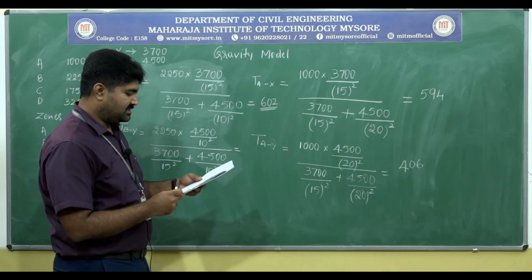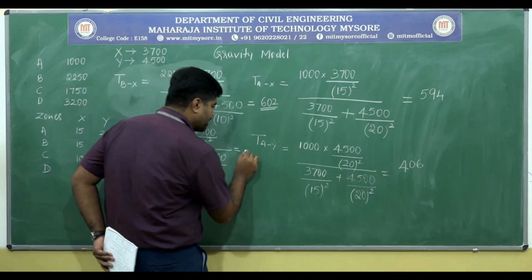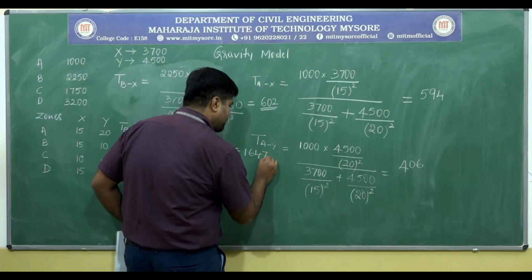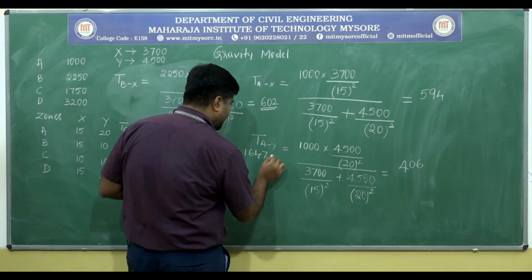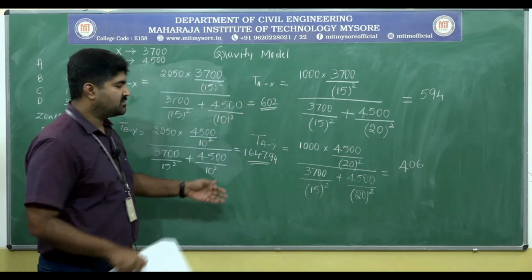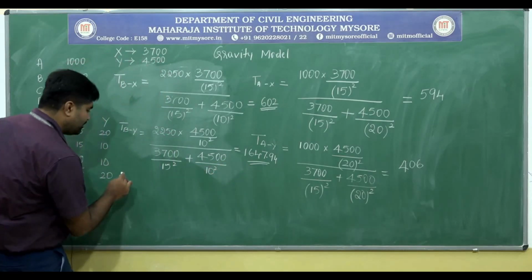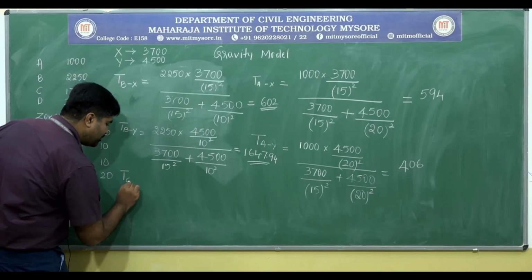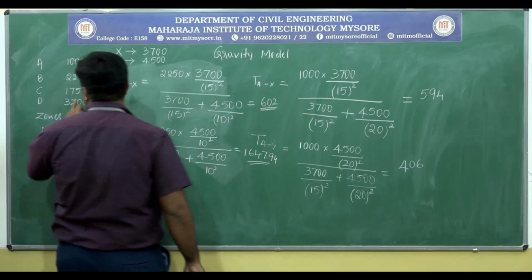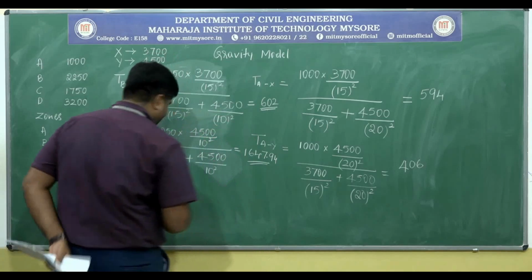You have to check how much you get. I got 1647.94, which is approximately equal to 1648. Similarly, you calculate for T C to X. From zone C the trips generated are 1750.